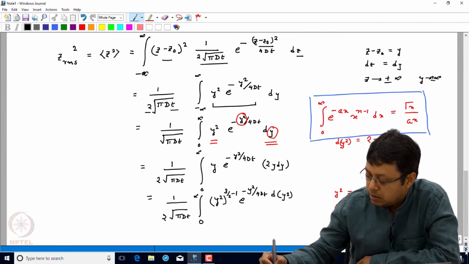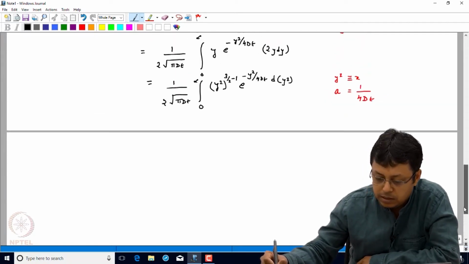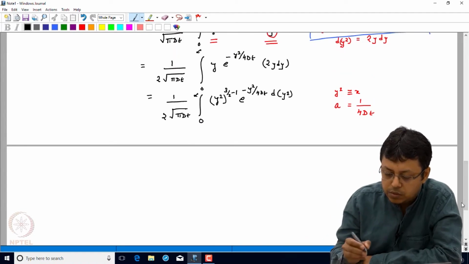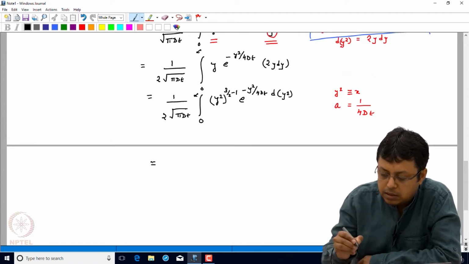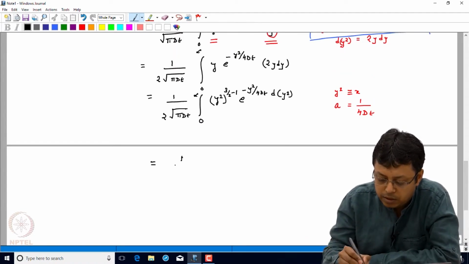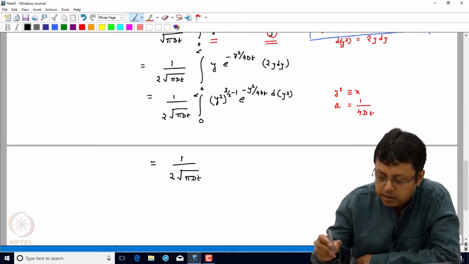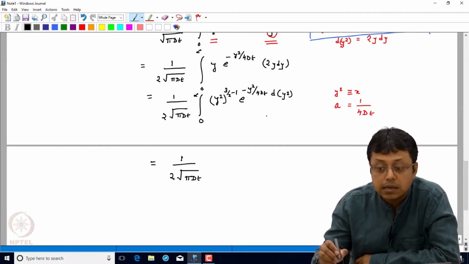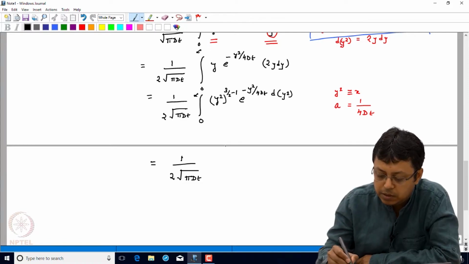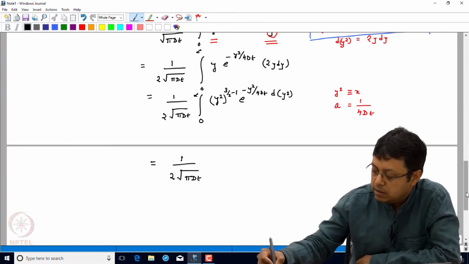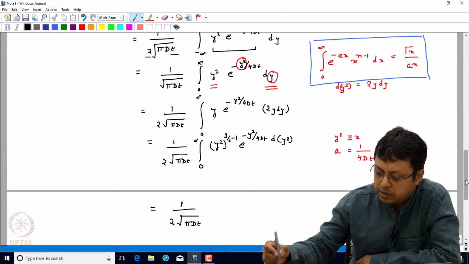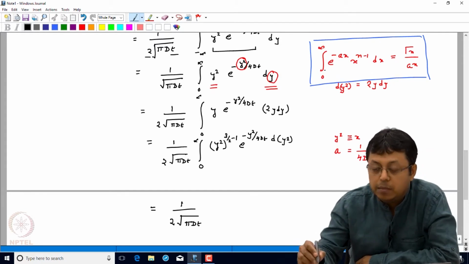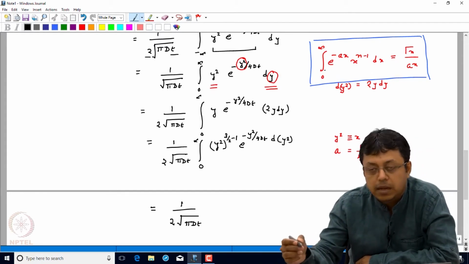So let us evaluate now the integral using the gamma function relation. So what we got is we have 1 over 2 square root of pi dt, and then this is nothing but gamma 3 by 2, because you can easily look at the gamma function here, and it is e to the power minus ax, x to the power n minus 1.